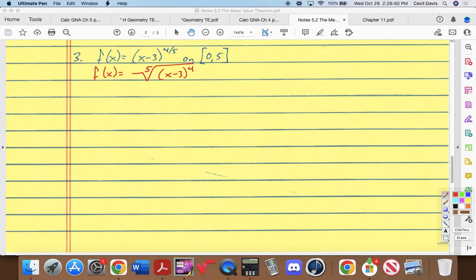Can you take the fourth root of a negative and get a real number? No. Can you take the fifth root of a negative number? Yeah. So this is defined for all values of x. So f of x is continuous on the closed interval from 0 to 5.